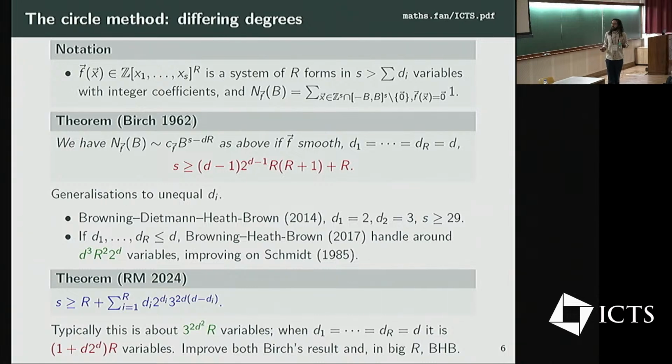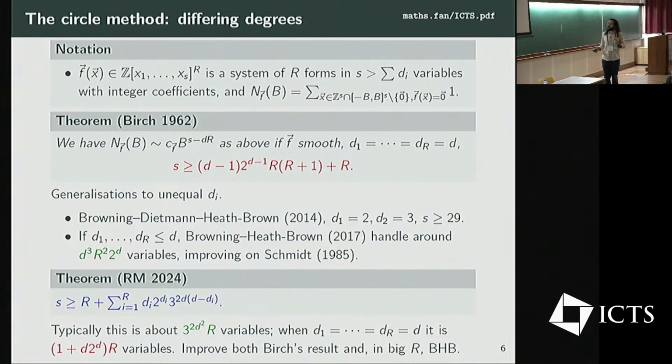In what I think of as the typical case, where maybe we have roughly equal numbers of forms in every degree between d/2 and d, this has size about 3 to the 2d squared times r. So that's pretty big.